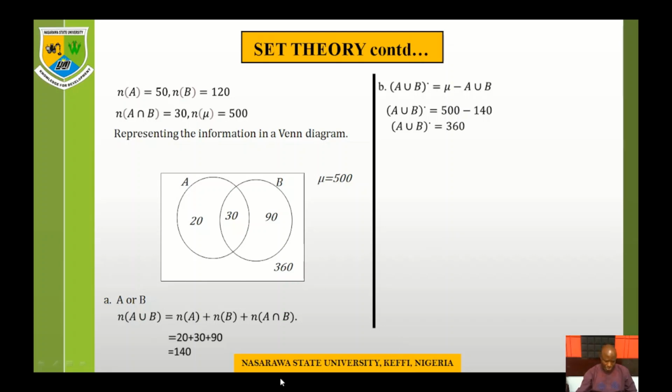Since you have A union B, the number of students that register for both courses, 140, the number of students that did not register any course at all will be their complement, their opposite, which is the universal set minus the number of students that offer course A and B. So the universal set is 500, and the number of A union B is equal to 140. So 500 minus 140 equals 360. This represents those people that have not registered any course at all.